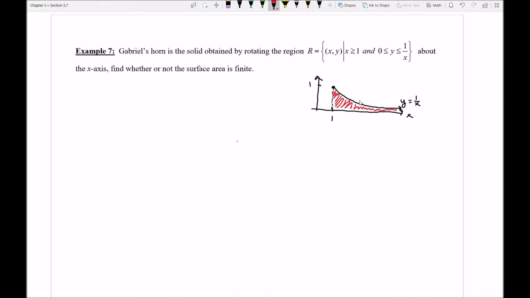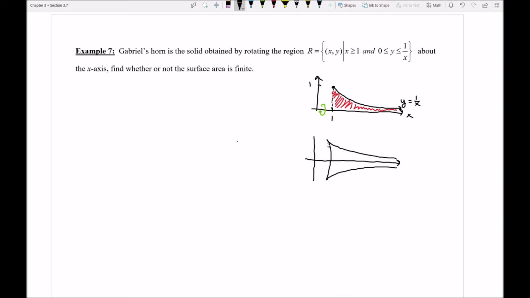And we're going to take that region and do something very surprising with it. We're going to take that region, which is infinitely long, and revolve it around the x-axis, like we did back in the first chapter. Now I'm going to draw a picture of what this would look like. So I'm going to have kind of my curve. I'm going to draw a duplicate curve on the other side, and then I'm going to play connect the dots.